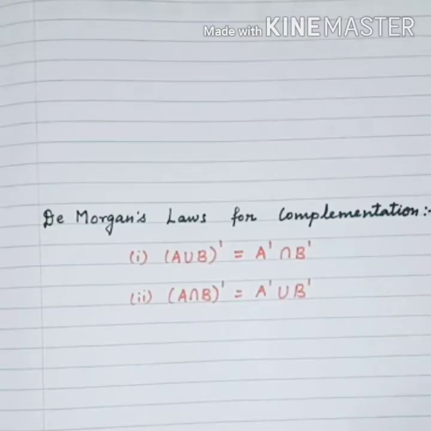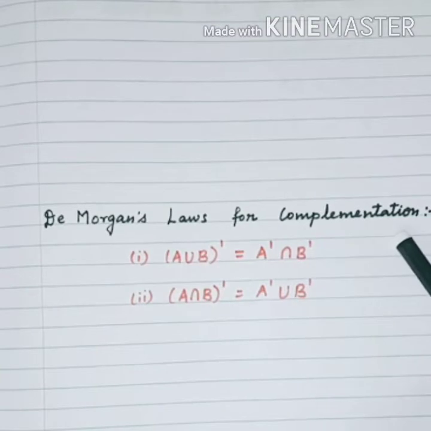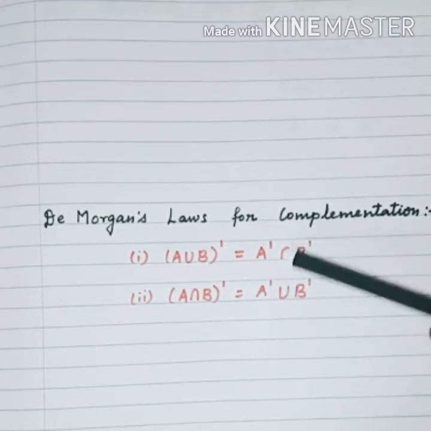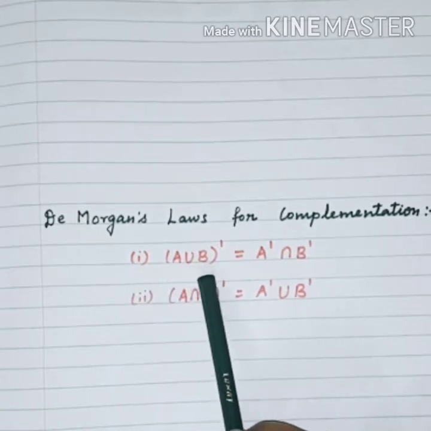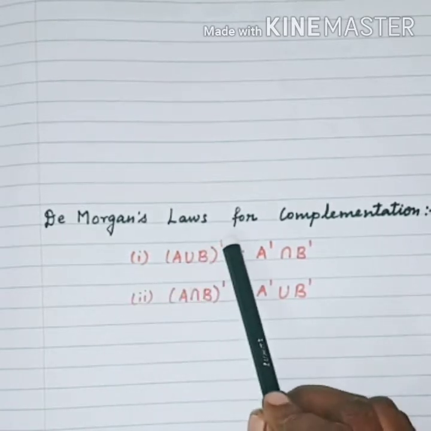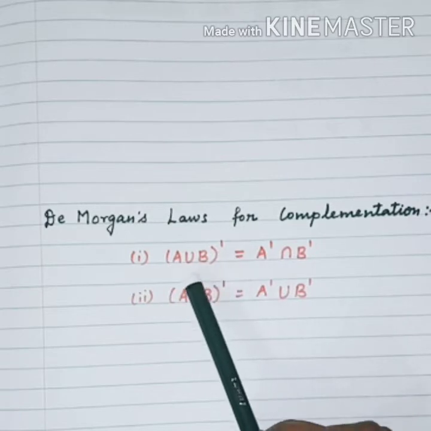In this class, we are going to solve problems using De Morgan's laws for complementation. This is De Morgan's laws for complementation. The first De Morgan's law is (A union B)', the whole dash. This is called dash, or A union B complement also we would read.